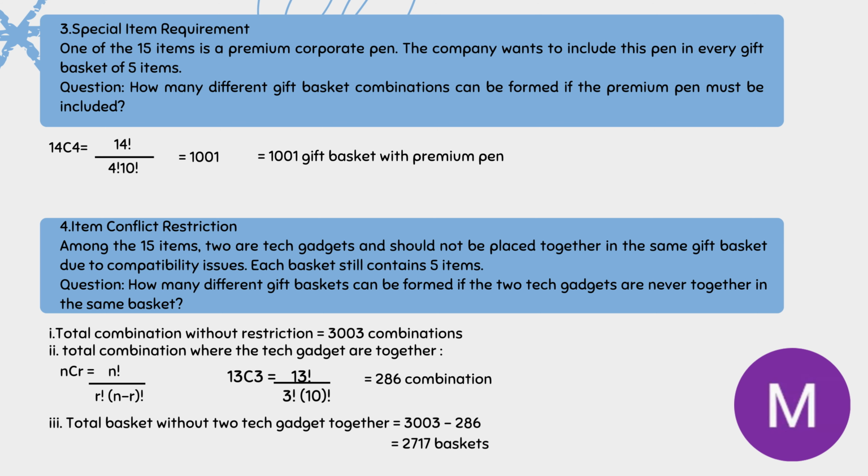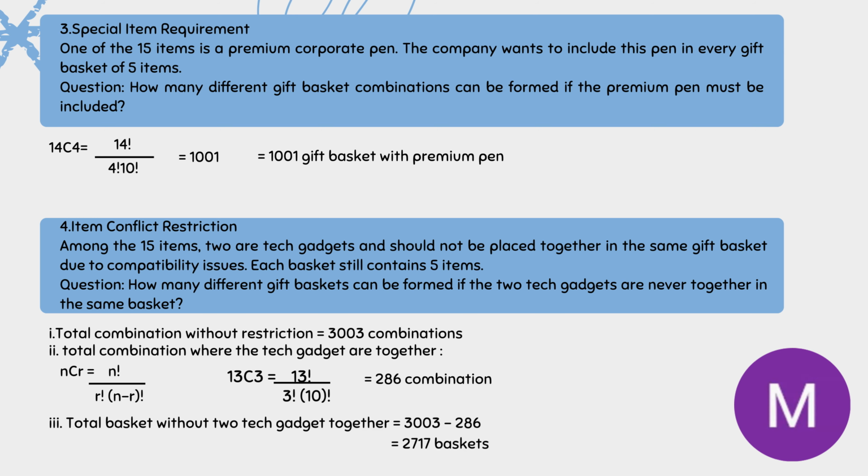From our previous calculation, we know the total combinations without restriction is 3003. Now we need to count the combinations where the tech gadgets are together.